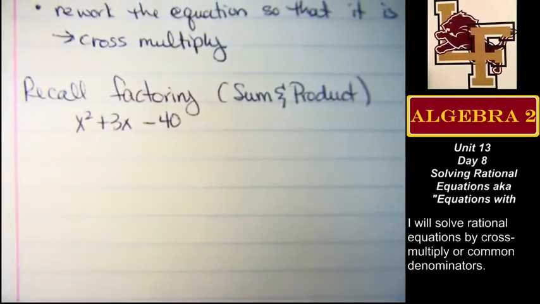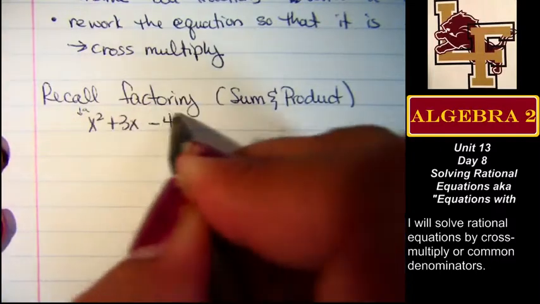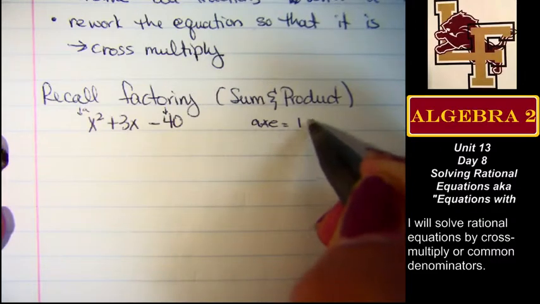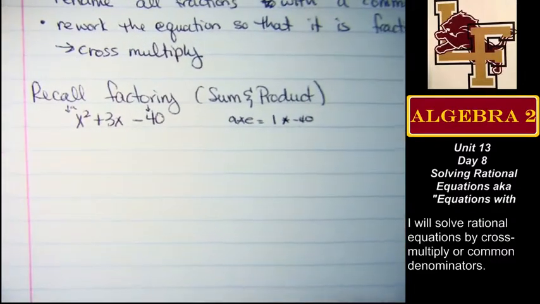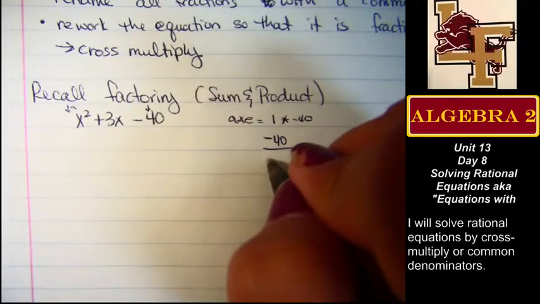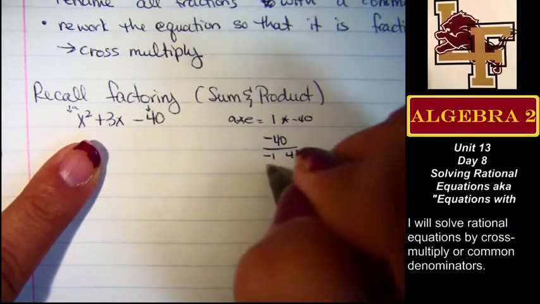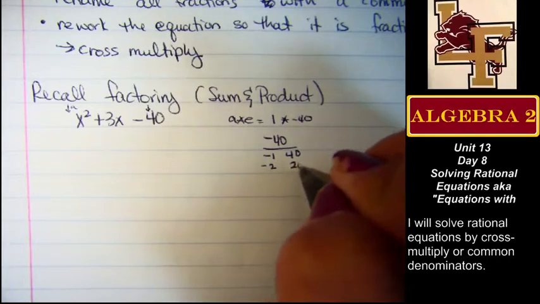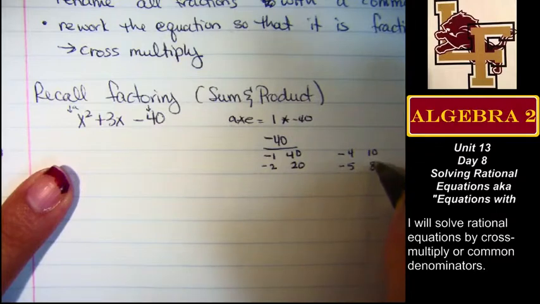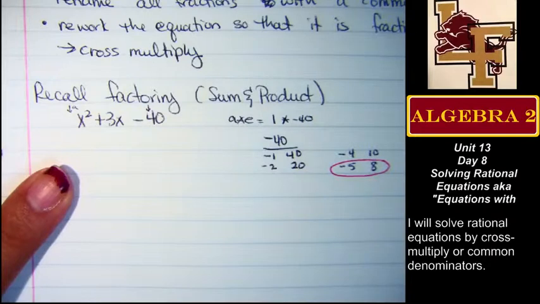Sum and product requires us to do A times C. This is A, this is C. A times C is 1 times negative 40. 1 times negative 40 is negative 40. And all the factor pairs of negative 40 that add up to give me a negative 3. I'm sorry, you're right, a positive 3. My goodness. Yeah, negative 5 and positive 8 give me a positive 3.